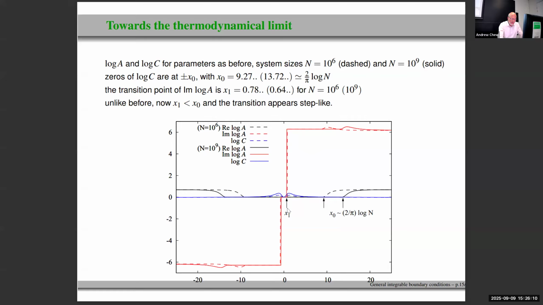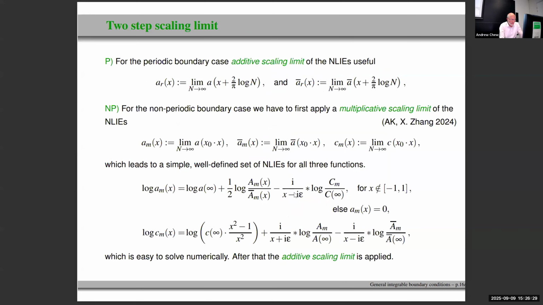Now it's the opposite. The winding happens at much smaller arguments. And also in this case, now the function c is no longer flat, but develops some structure. And you wonder what happens in the true thermodynamic limit.